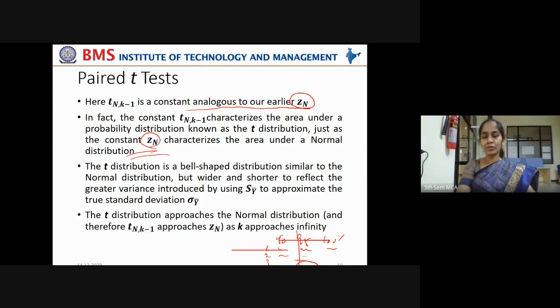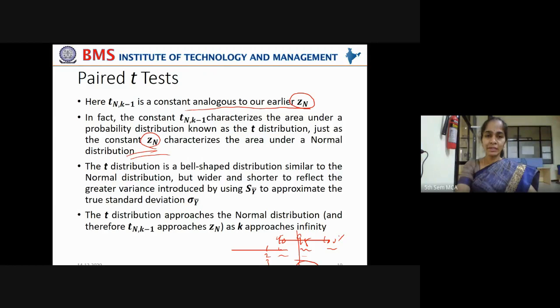They both tend to follow the same. How have you equated T to Z? Because you understood that the T distribution follows a normal distribution, we tend to equate this T value to Z value, T score to Z score.